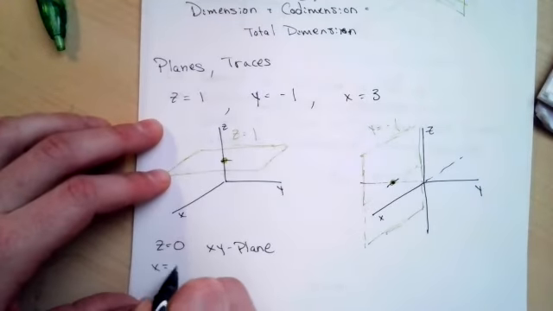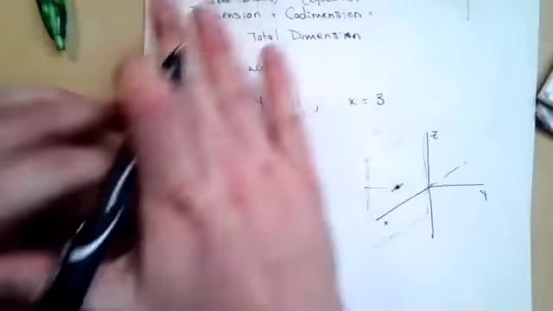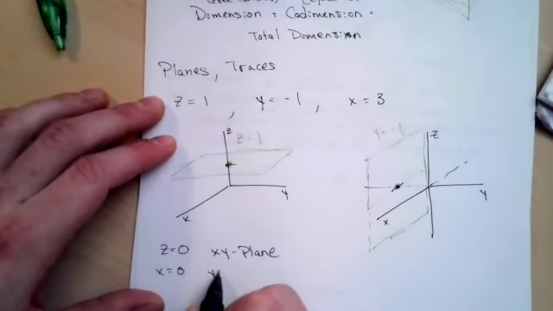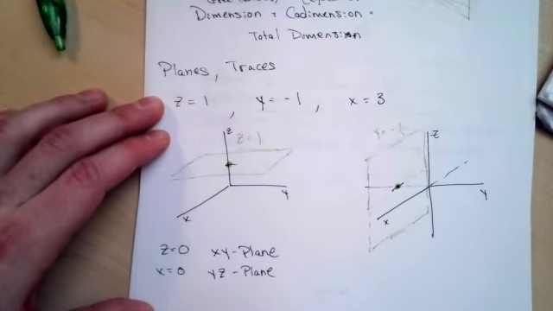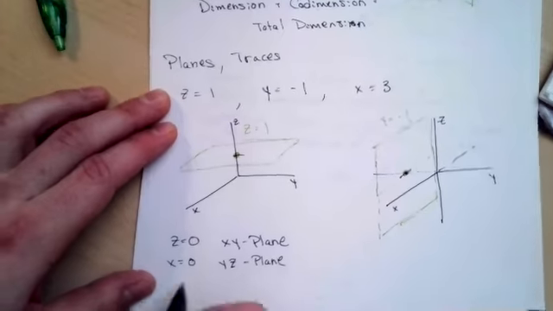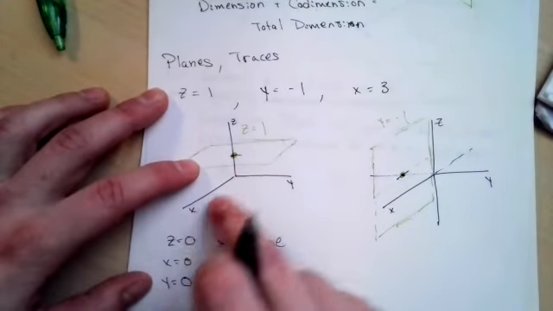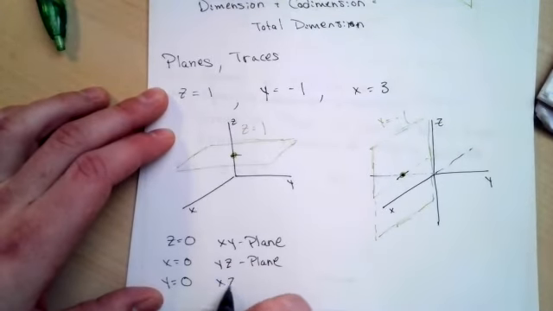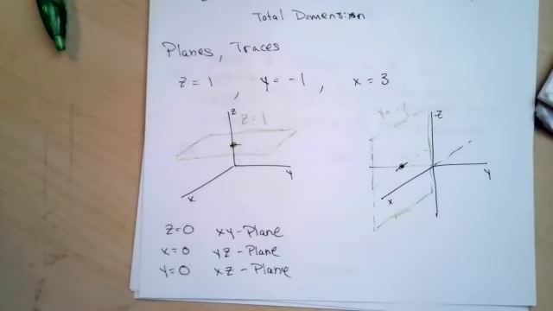Likewise, if we had x equals 0, now our x coordinate has to be 0. We are flat on the front and back face, so that's going to be our yz plane. And then likewise, our y equals 0 plane. If y is 0, I can go forward and backwards and up and down. That's going to be our xz plane.